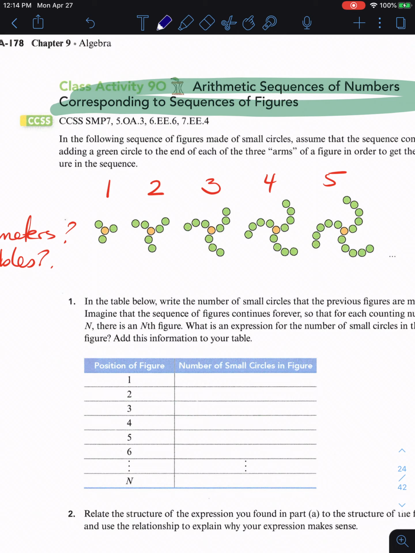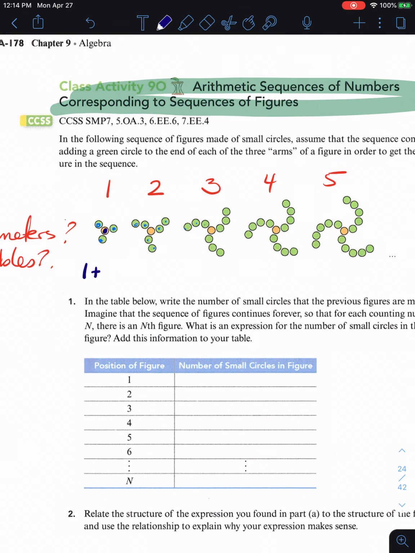So for example, here I see a pattern where I have a single dot in the middle, and then three of the little dots, of the single dots. Those 3 single dots become 3 arms of 2 dots, and then 3 arms of 3 dots, and then 3 arms of 4 dots, and then 3 arms of 5 dots. You see that the arms are growing in length.